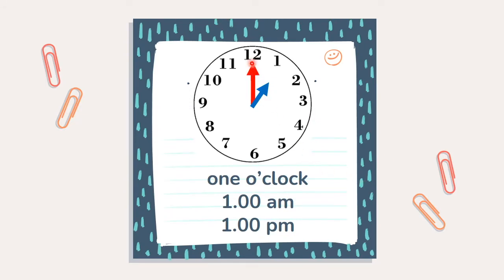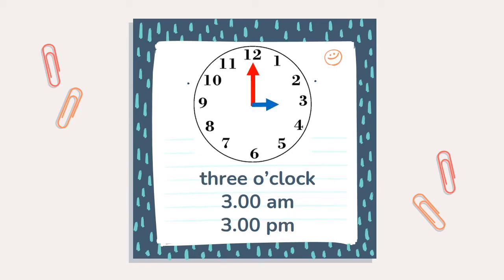Okay, now look at this long hand. It's pointing to number 12. So it is o'clock. And the blue hand is pointing to number 1. So we read it as 1 o'clock. Or we can call it 1 a.m. if it's in the morning, and 1 p.m. if it's in the evening or night.